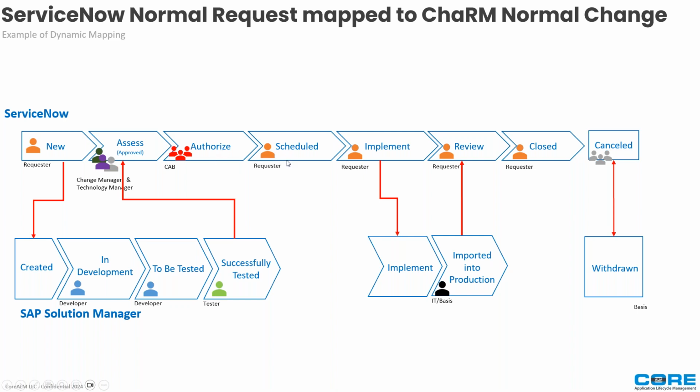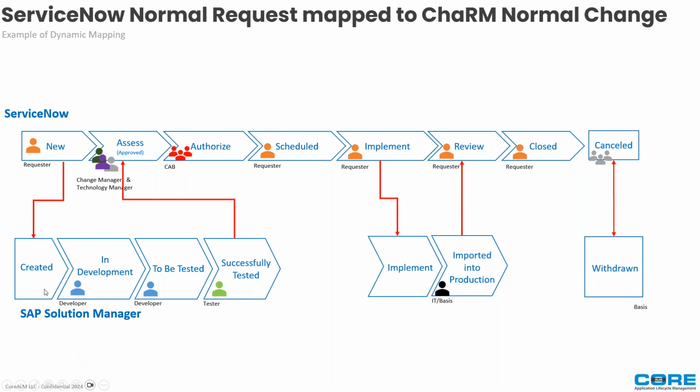Then the change will be scheduled. And once we decide to implement it, whenever the time, whether on a weekly basis or you bundle your changes, however your methodology is, we will not dictate any of those. Then we can choose to advance the change document in Charm, where the basis team or the technical teams can import the change into production, and those changes are reflected in the ServiceNow change request.